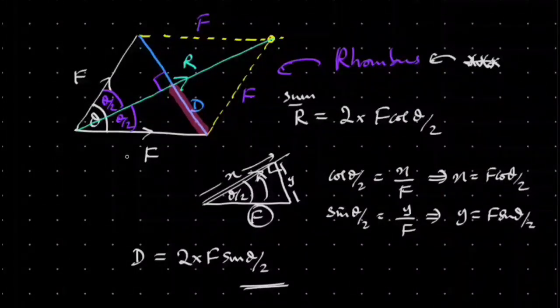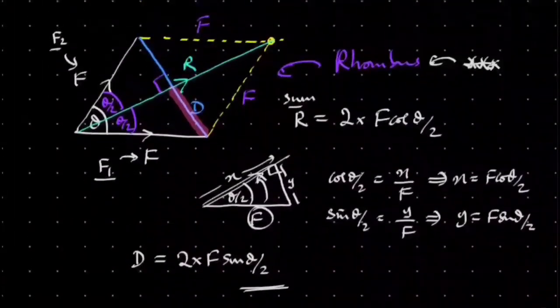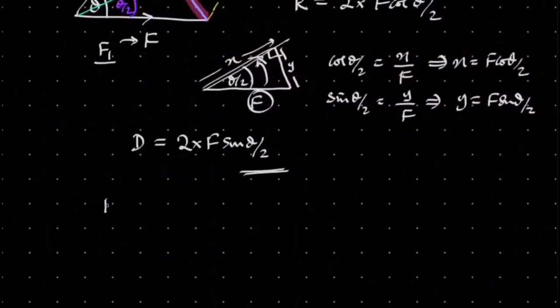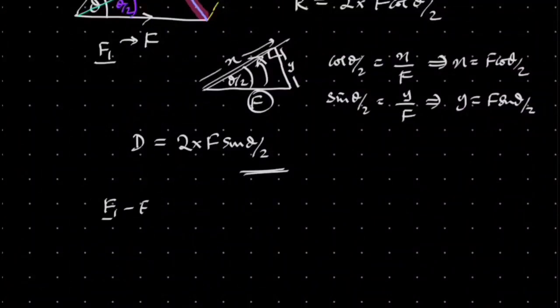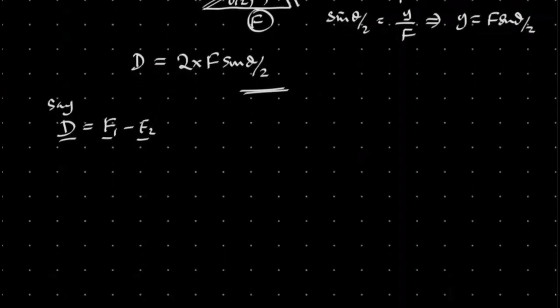Now if someone wants the difference, the concrete idea, let's call this vector f1 and this one coming from vector f2. If someone is asking you to figure out f1 vector minus f2 vector, say vector d is this, then we can specifically say the direction of it, because this is my vector f1, this is my vector f2.